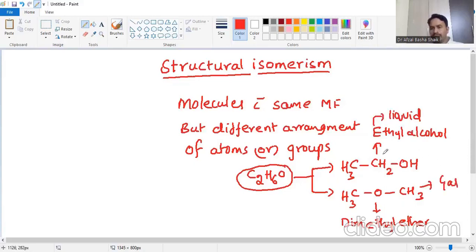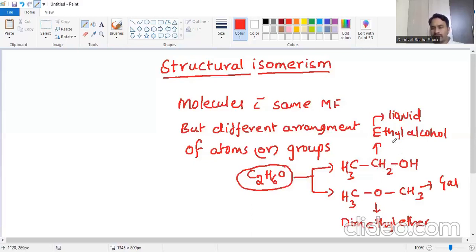So whenever you compare two molecules with slightly different structural features, they have different physico-chemical properties. As they have different physico-chemical properties, automatically they have different biological activities. The biological activity of molecules always depends upon the physico-chemical properties of the molecule.